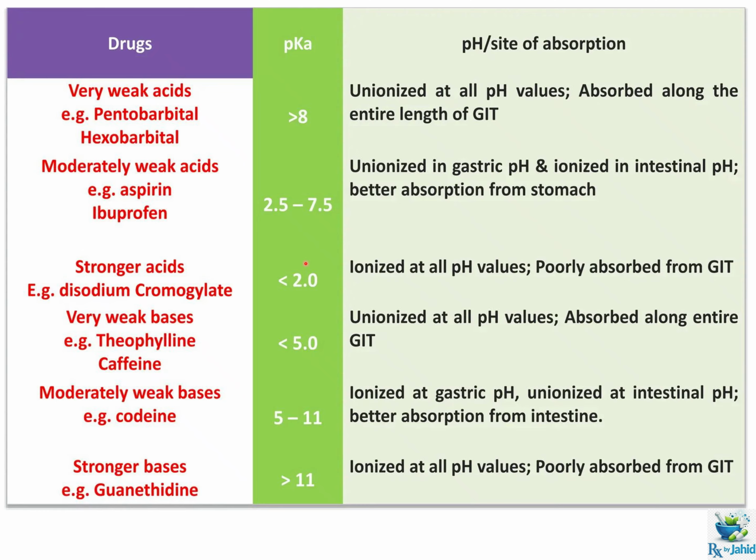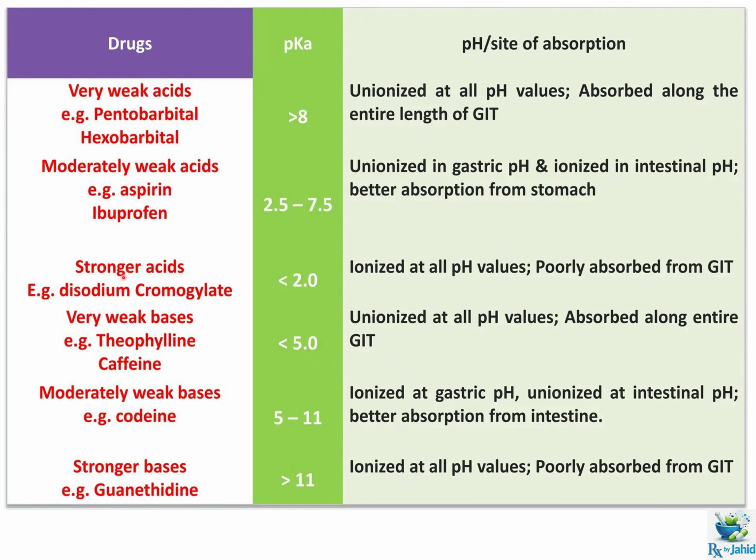We can see the pKa values of weak acids and weak bases. Here we can talk about stronger acids and stronger bases. Just think about HCl or sodium hydroxide, NaOH.